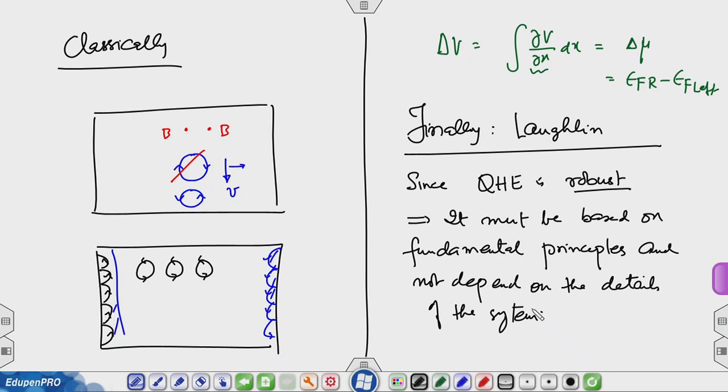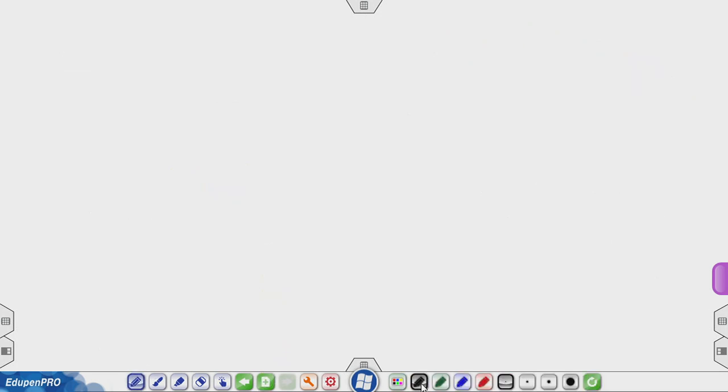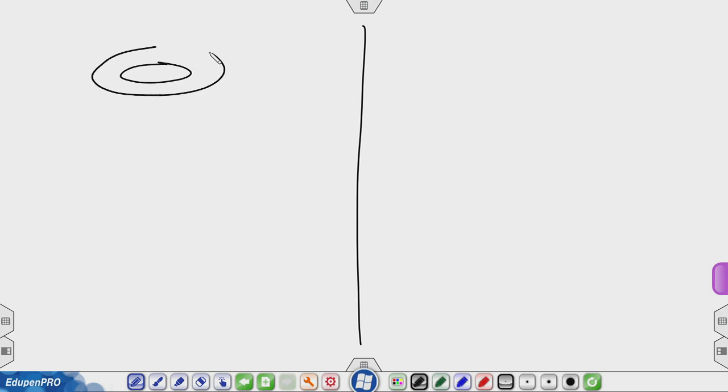And the fundamental principle that he invokes is the gauge invariance of the system. So, what he does is make a Hall system which is like an annulus strip.